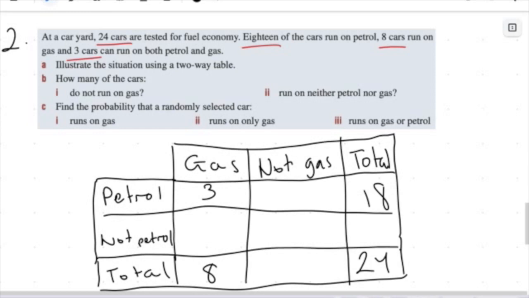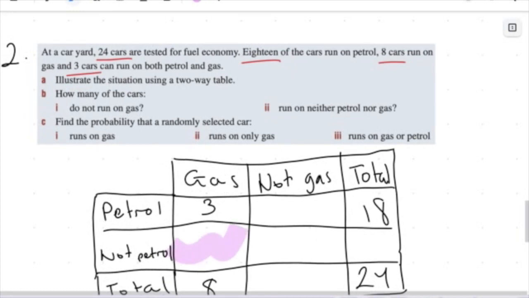And this is where we start doing some of the similar things to the Venn diagram. Now, if there are 8 people in total who use gas, and 3 of those are both, how many run on gas but not petrol? That's just going to be the difference between my total ones and my ones that run on both. This is the same thing.